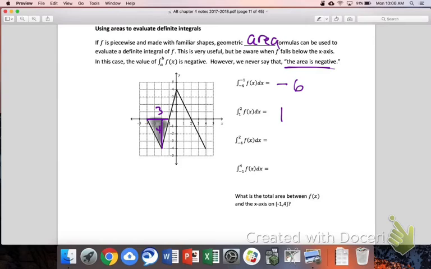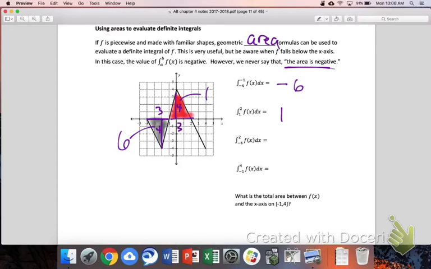Now, if we're going to do the integral from -4 to 2, aren't I going to have to consider all of this, the whole gray area, as well as the red area? Make sense? So the dimensions here are 3 and 4. Same dimensions. So the area down here was 6.